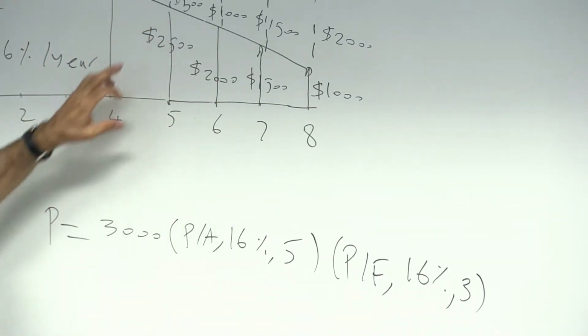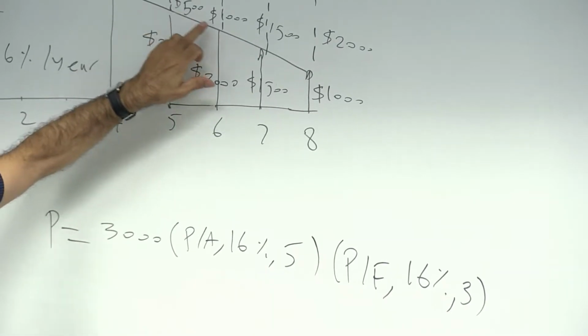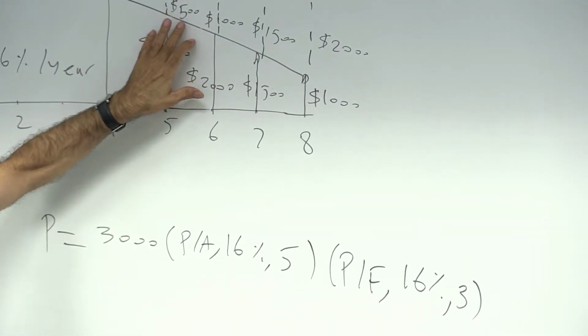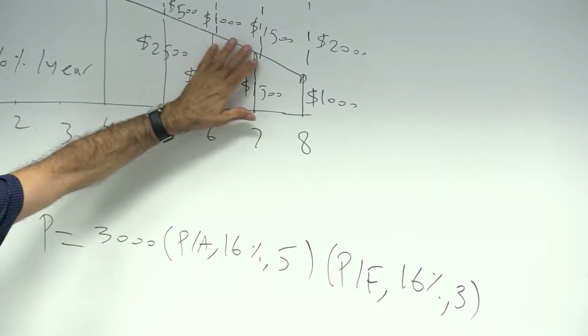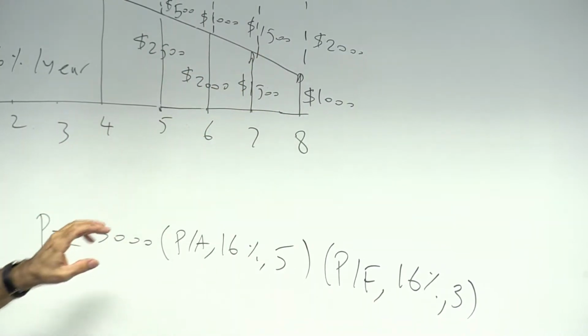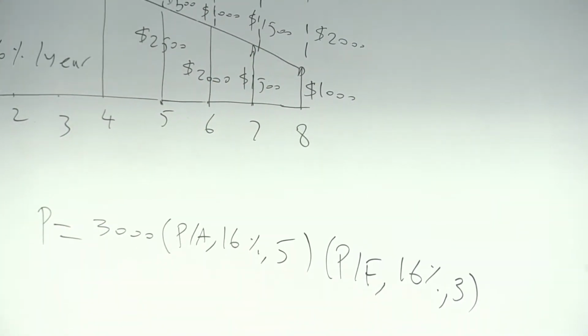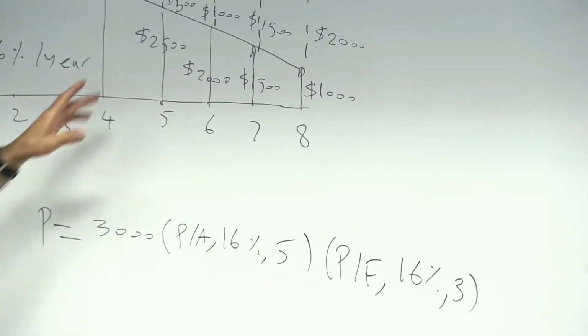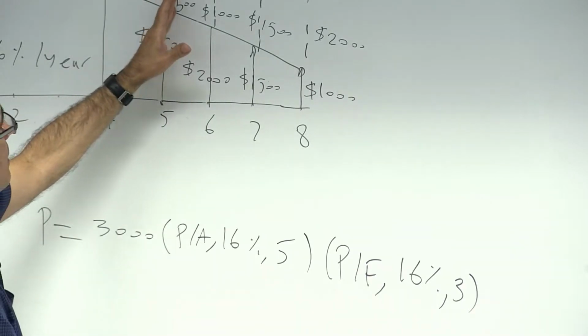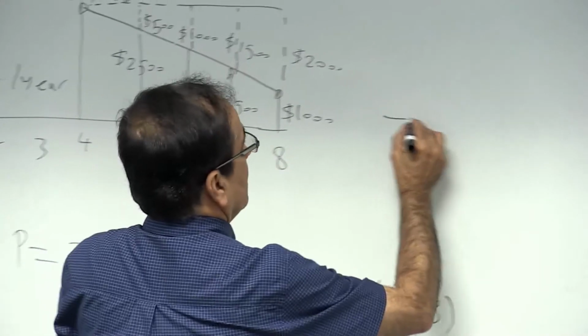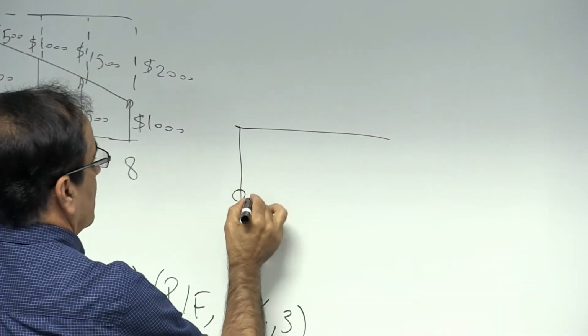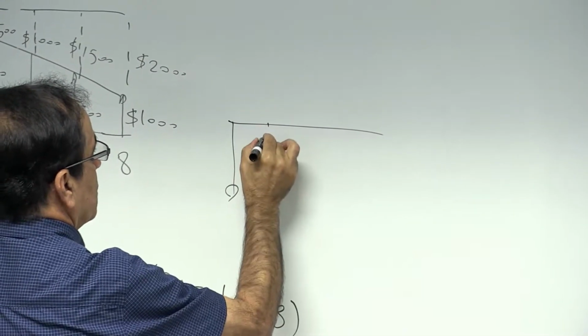Remember, we added 500 here. These are not the actual withdrawals. We added the artificial payments, 1,000, 1,500, and 2,000. Now we have to take it back. So if you remember, this is a shifted gradient. If you compare this with the gradient we had before, this is P. There's no increment here.